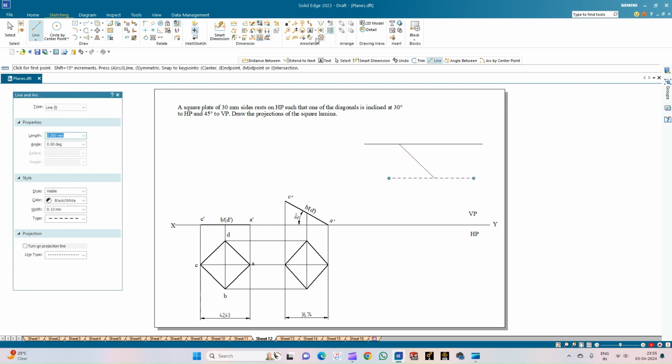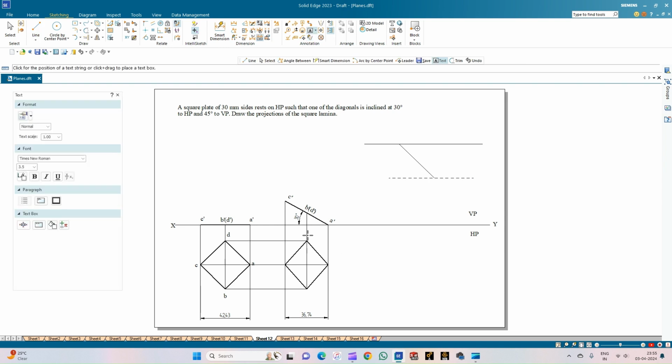So we will draw the locus line passing through the end point. Okay, so for better understanding, let us first annotate this. So this is D, and this is A, and this is B, and this is C. Okay, so now here also this point is C and this point is A from the first position.